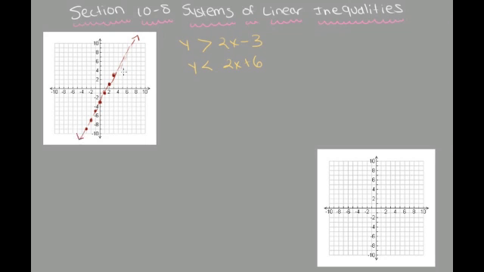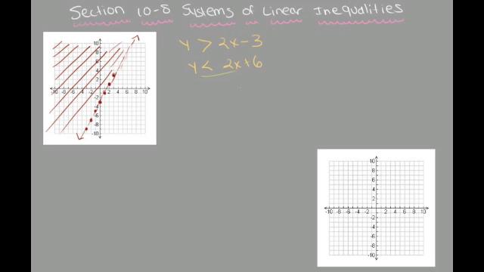And then it would be y is greater than 2x minus 3. Since it's greater than, we would shade the region above. So it would be all that. Now we're going to graph the second inequality right here on the same coordinate plane.